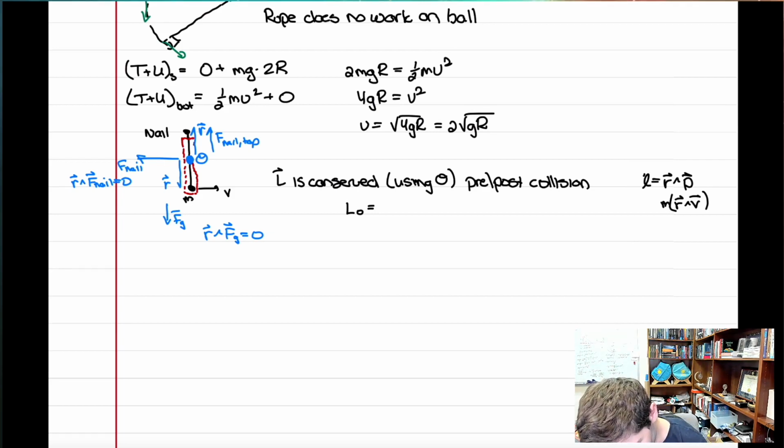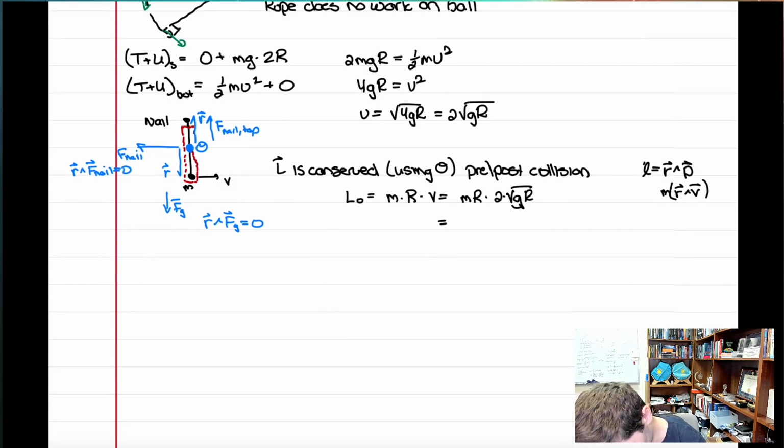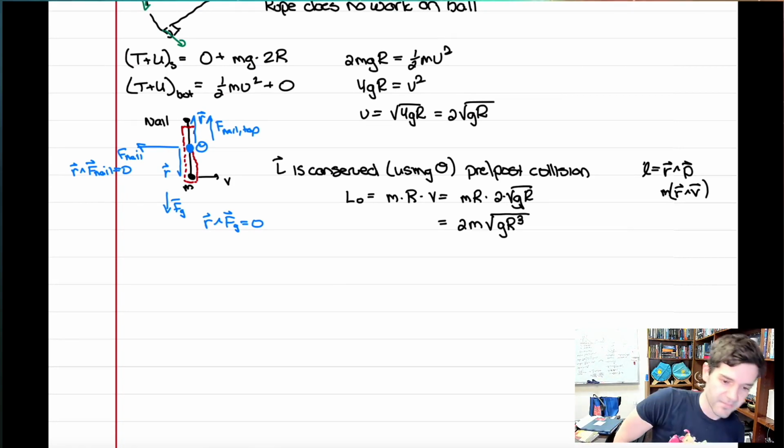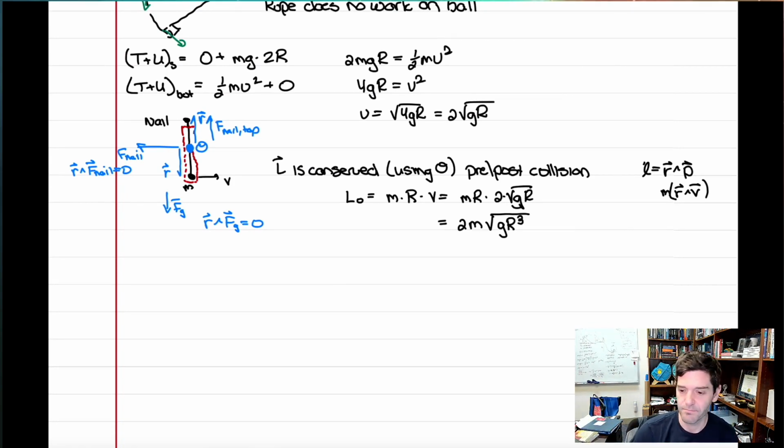So it looks like this is going to be m times the length of the position vector, which is just r, times v at the bottom, which we said was 2 times the square root of g times r. So the initial angular momentum looks like it's 2m. Then if I pull the r inside, it's going to be something like the square root of g times r cubed, if you want to lump all the r's together.